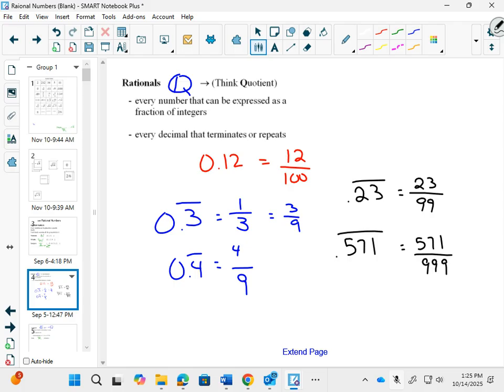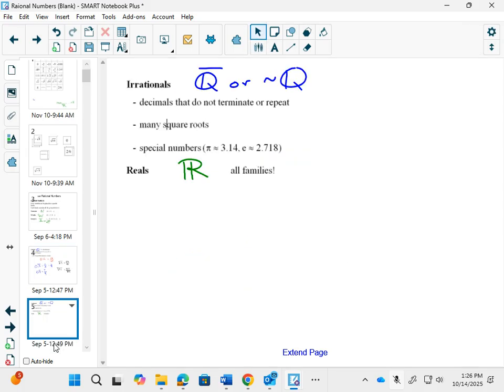But there are some numbers that cannot be written as fractions, and those are called irrational numbers. It includes a lot of square roots, like the square root of 2, the square root of 3.